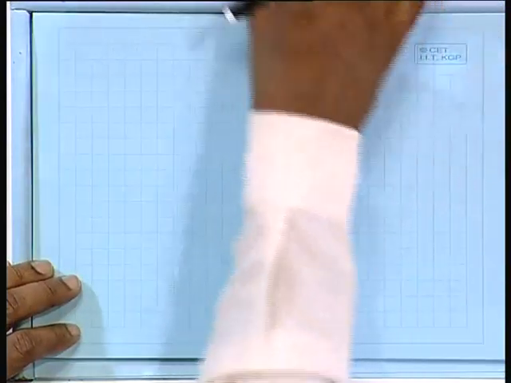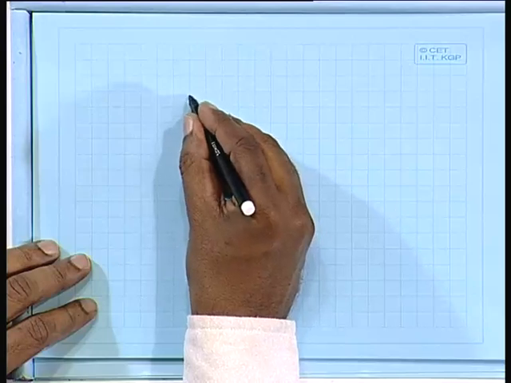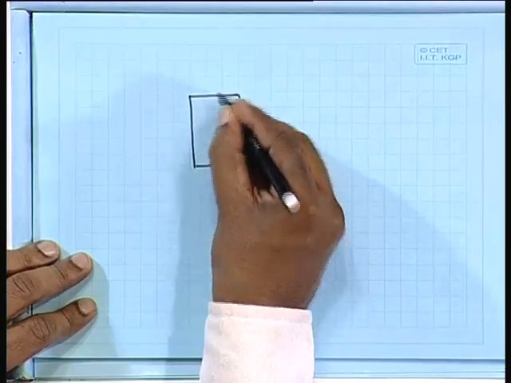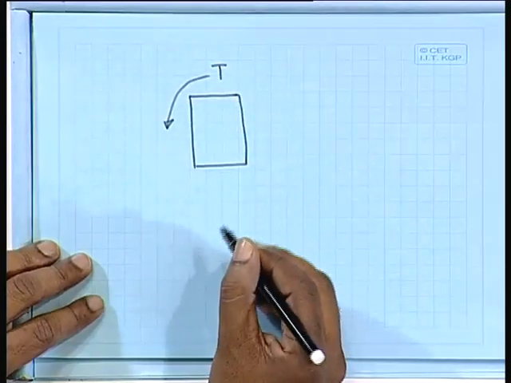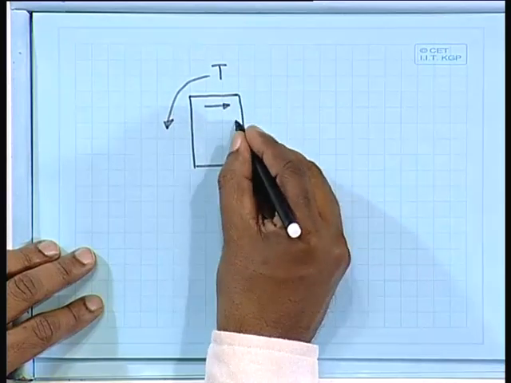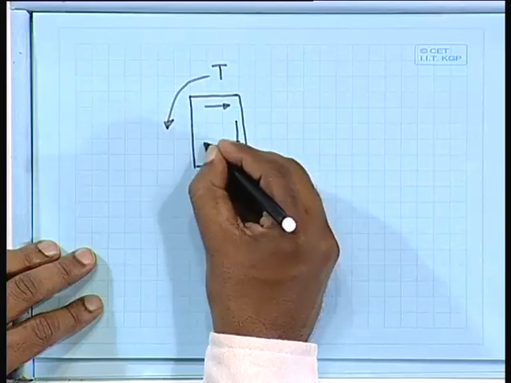So what is the idea behind that? If we take any section, say this is your torsion, then shear stress is developed like this over the surface, which is true for circular one also, for the non-circular one also.